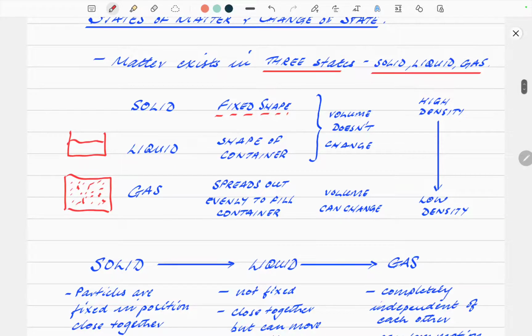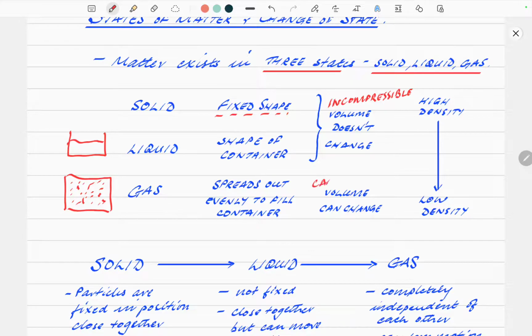The second aspect of the properties of the different states is that for solids and liquids, the volume doesn't change. They are incompressible. With gases, they can be compressed.